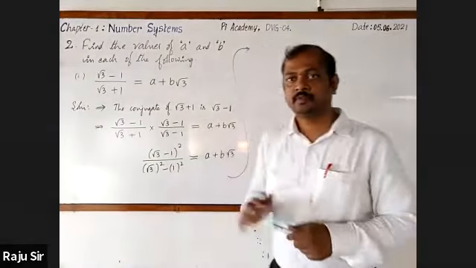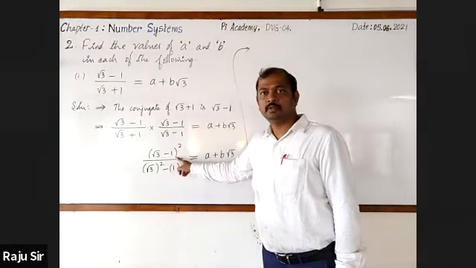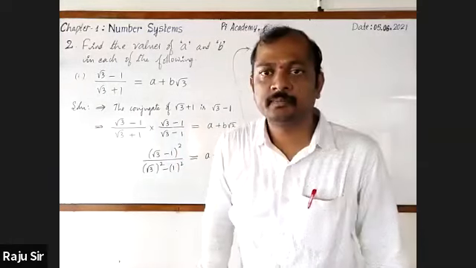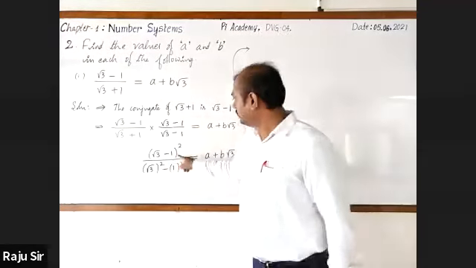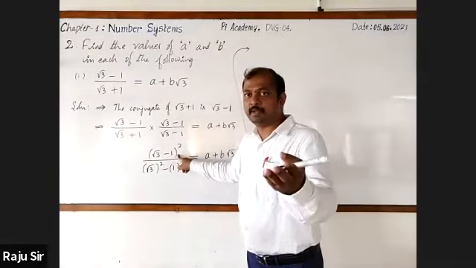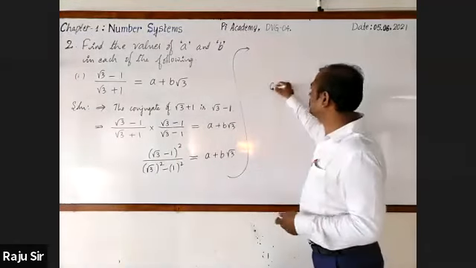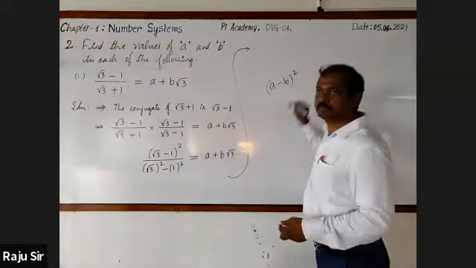Stop writing. Observe the numerator term. It is (root 3 minus 1) whole square. It is in the form of an identity, (a minus b) whole square. Could you expand this? What is (a minus b) whole square? Shreya?